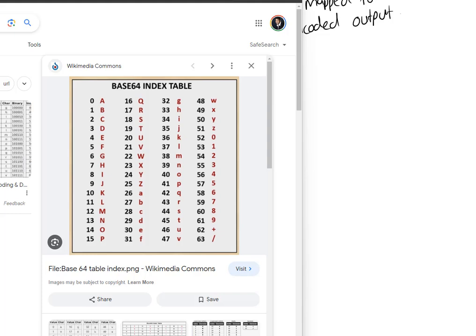There are 64 different things here, from 0 to 63. You have all of the capital letters A, B, C through to U, and then the small letters, starting from 26 all the way to a small z at 51.